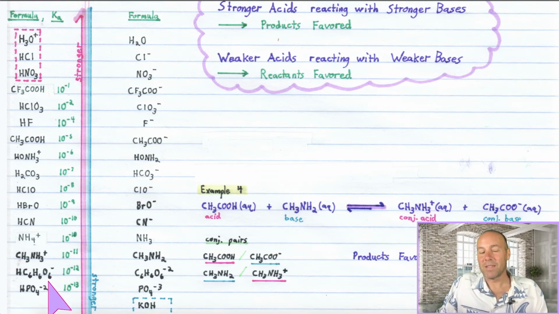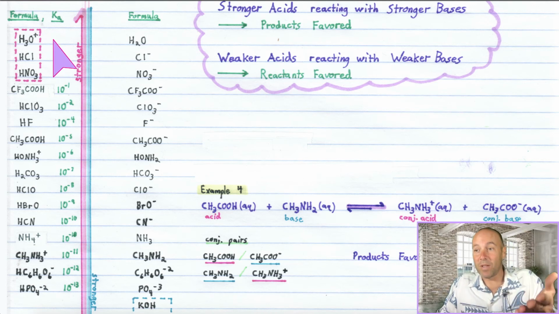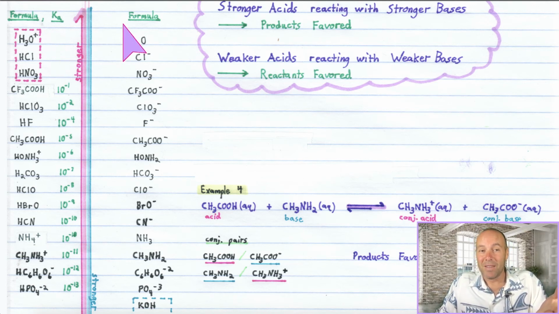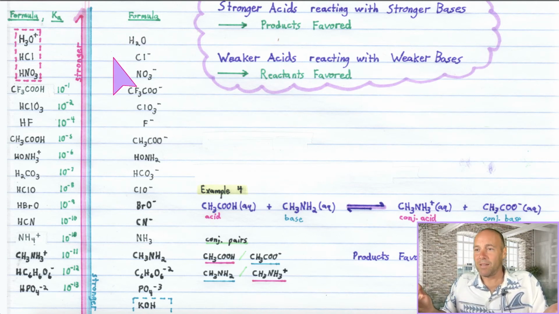Because think about this. When you get to stronger and stronger acids, these guys up here really want to donate protons. And after they donate a proton, this is what's left, and these don't want the protons back.